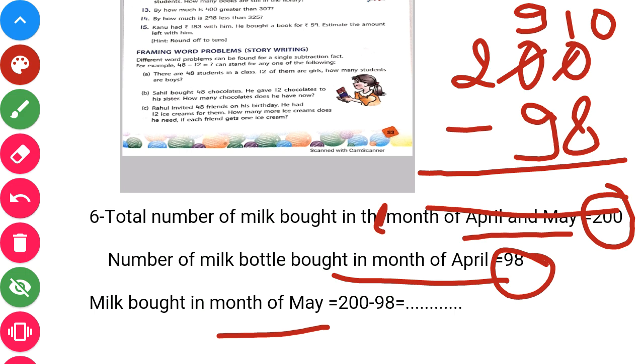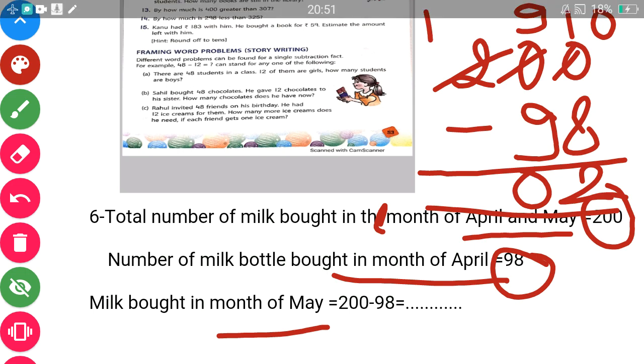Now subtracting 8 from 10 we will get 2. Now 9 minus 9 will be 0, and as this 2 has given a borrow, this will become 1.